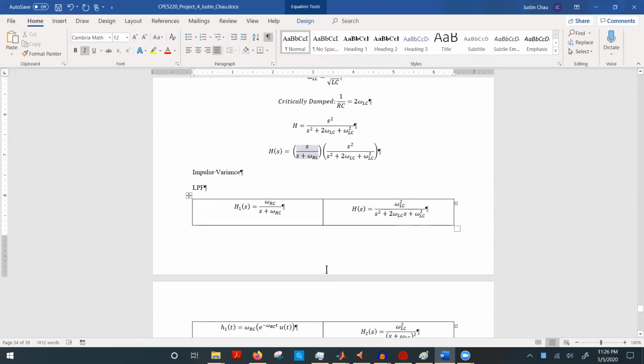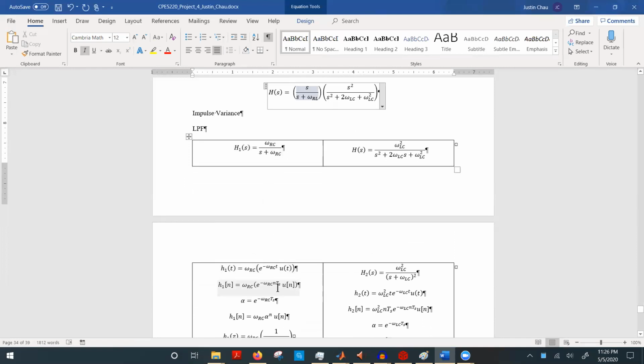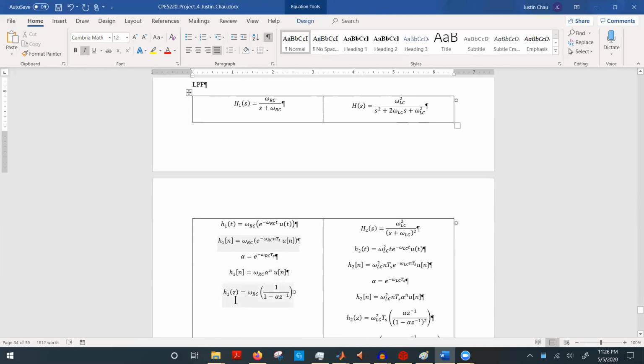For the RC, we already know the whole impulse invariance process from when we did the RC filters: the inverse Laplace transform, sample it, and then Z transform. Here, since I critically damped it, I get this repeating pole at omega LC, or at the LC resonance frequency. This is important because it allows me to control the cutoff frequency of my filter and makes it easier to inverse Laplace transform.